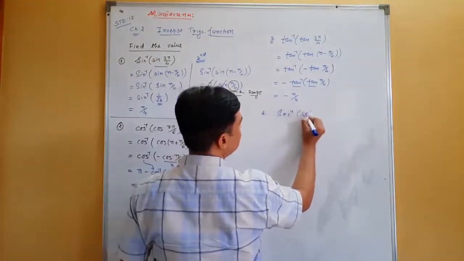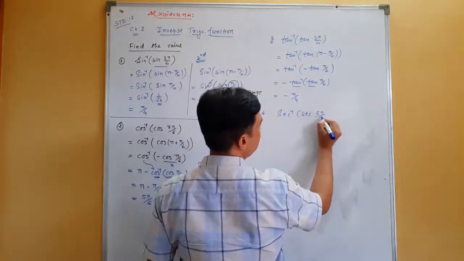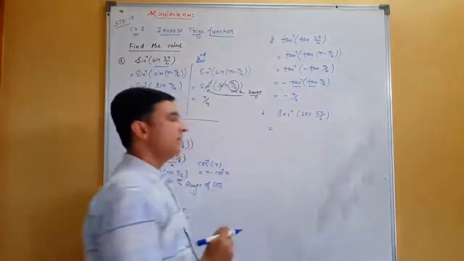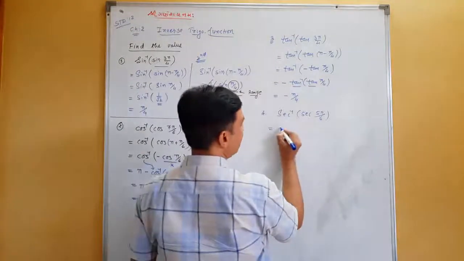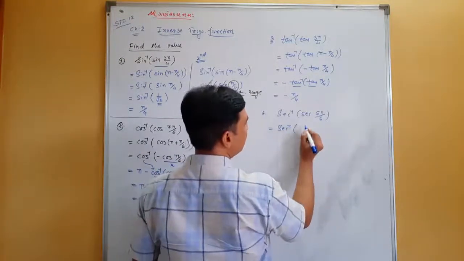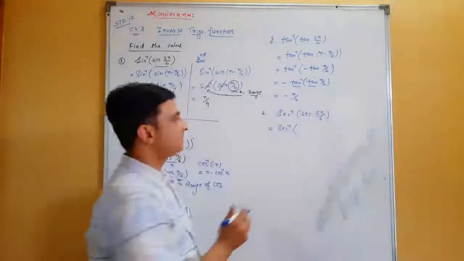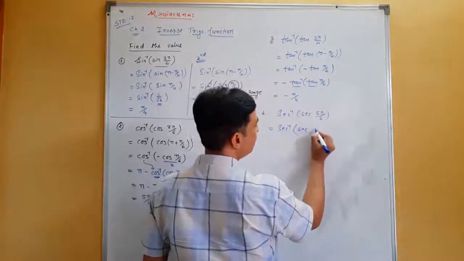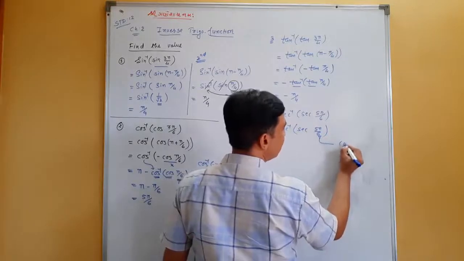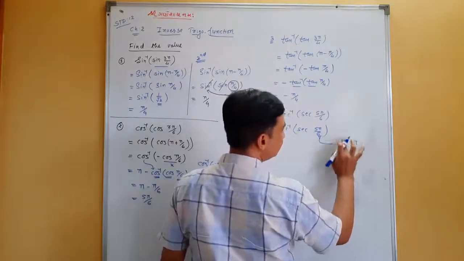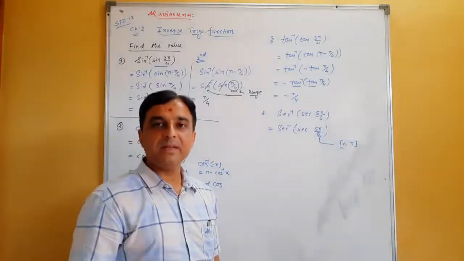Sec inverse sec 5 pi by 6. Now, 5 pi by 6 is lying between 0 to pi.